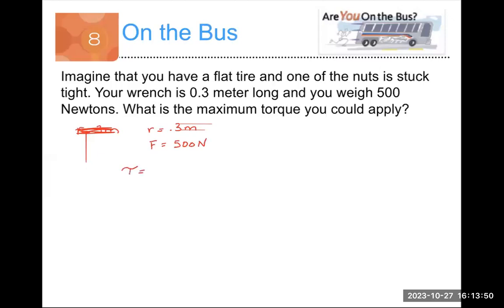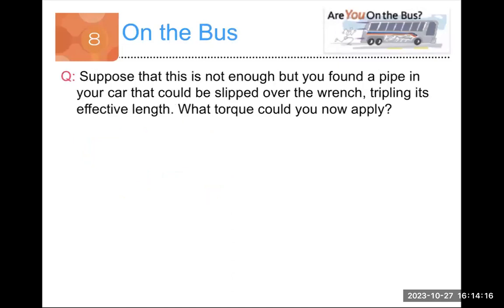Well, torque equals R times F. So the torque is going to equal 0.3 meters times 500 newtons. So your torque will equal 150 Newton meters. Now, suppose that this is not enough, but you found a pipe in your car that could be slipped over the wrench, tripling its length. What torque could you now apply?